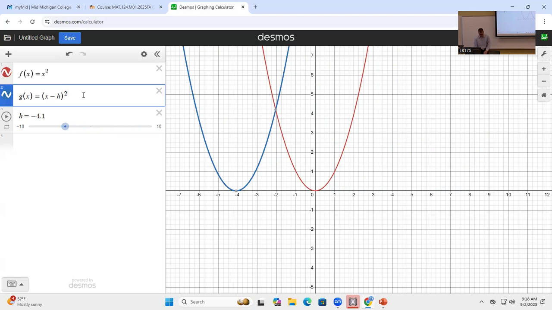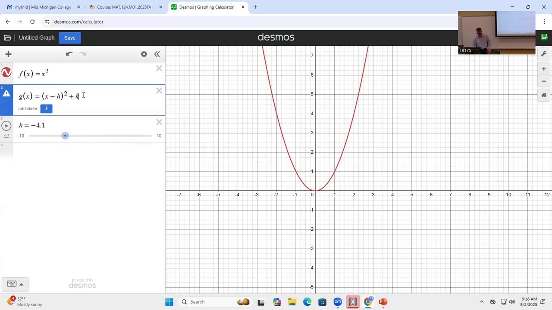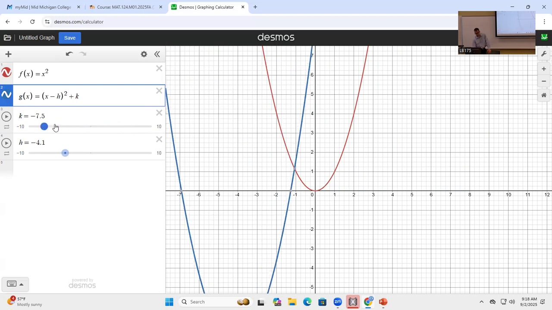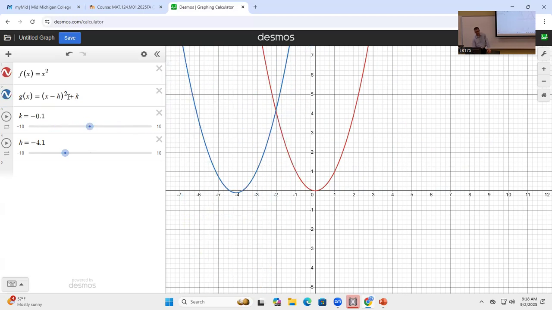You can also add a slider for moving up and down as well. In this case, notice the plus k at the end. So then you're moving it up and down, left and right. And again, if you have sliders, you can do both. You can move it right 2.5 units and up 3.6 units if you want.